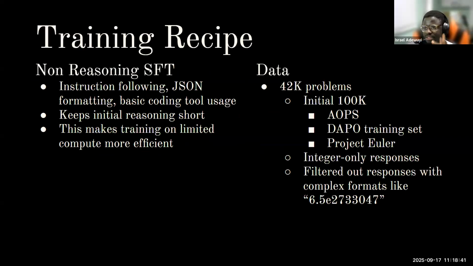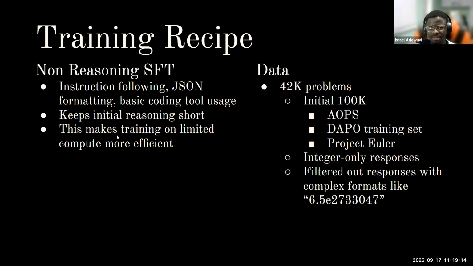Their justification was that, observedly, most RL training papers that are published do SFT on reasoning chains, and they observe that the initial response length is always super long, very verbose. So they decided, okay, let's do away with this. They SFT'd on instruction following data, JSON formatting data, basic code usage data. And that was what they started the RL training with.